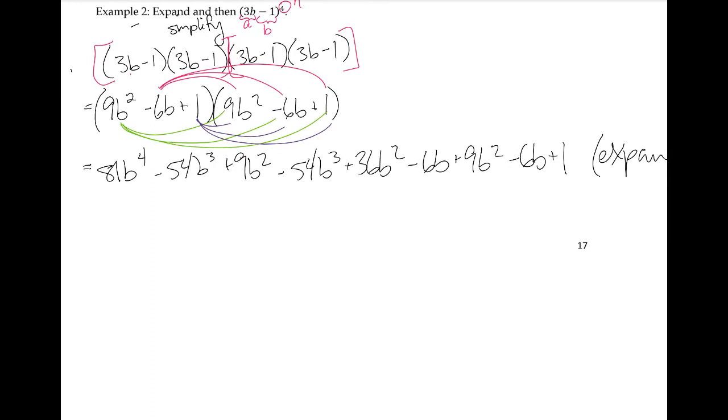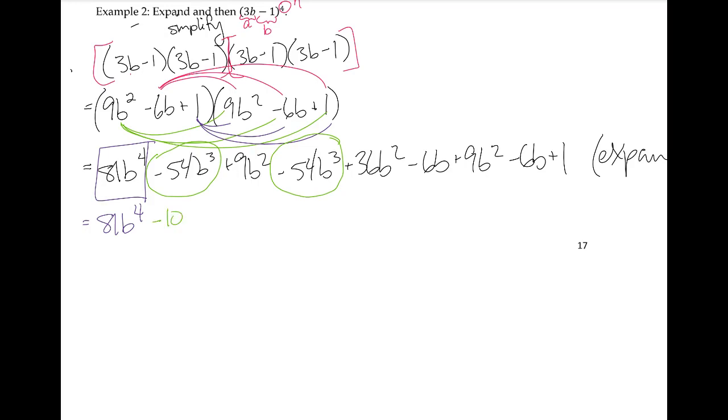That's the key here. So I've got my 1 b to the 4th term, so that's going to stay the same. We've got 81 b to the 4. I then have these two b cubed terms. So I'm going to put them together.